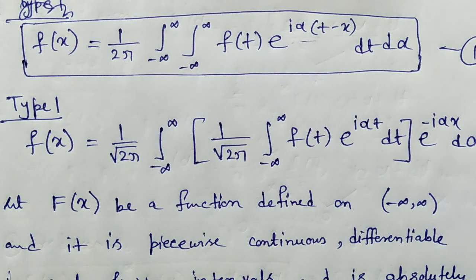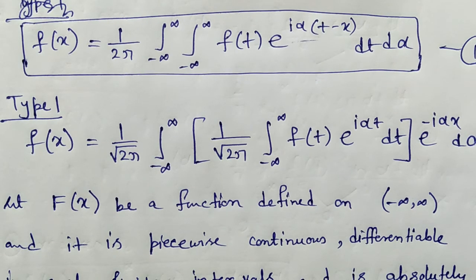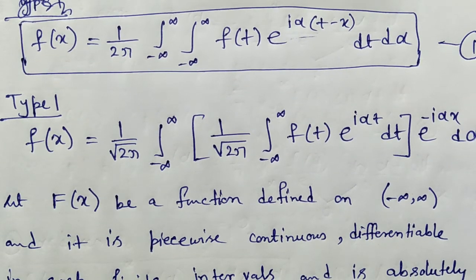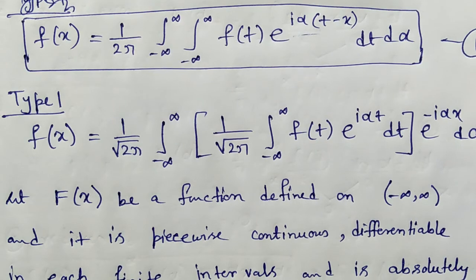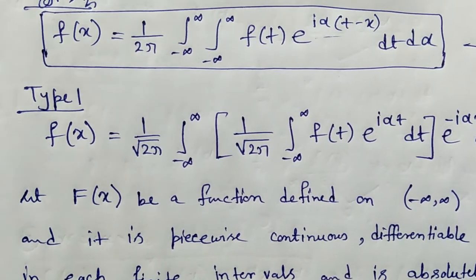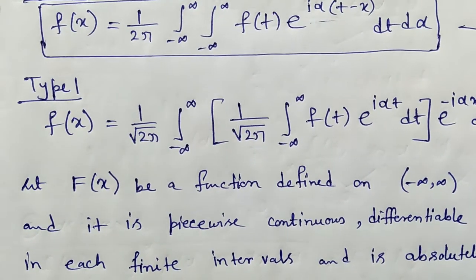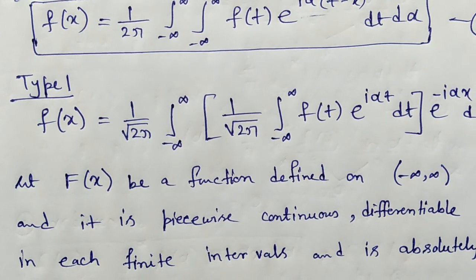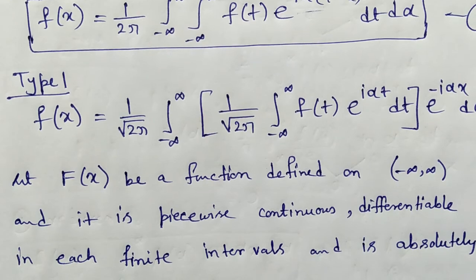I have told you that each of these formulas is correct. We have to follow any one of them. There is no mistake if we follow this formula or another type. I will also explain another type of formula which I have used to solve problems by the Fourier transform method.